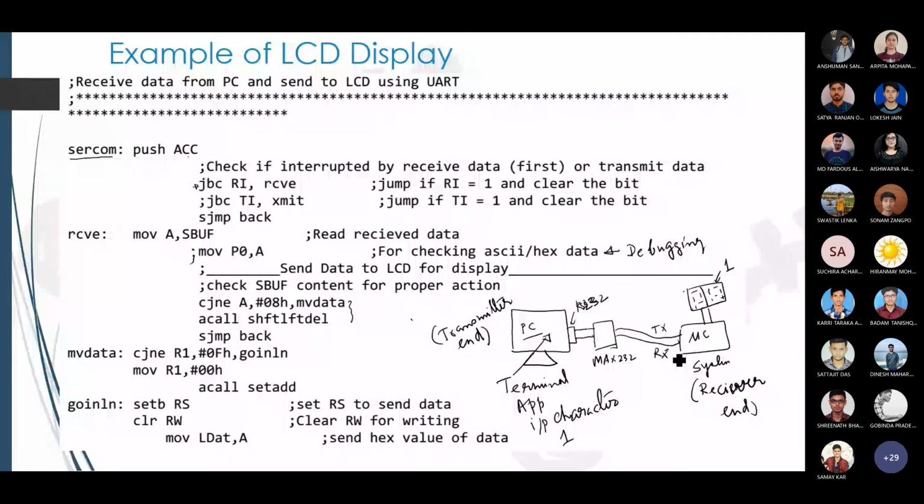Sorry, this should be this way, and this is reception way. And similarly transmission, so this should be connected to the reception, and this will be transmission. Okay, TX, RX. Is it clear to you?